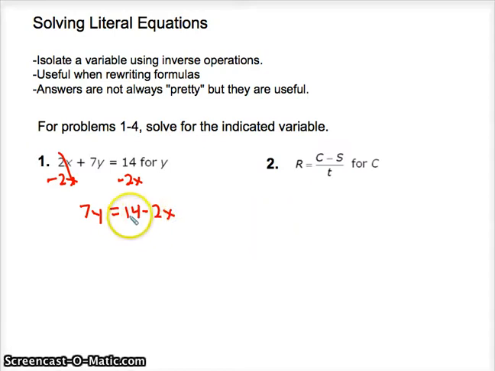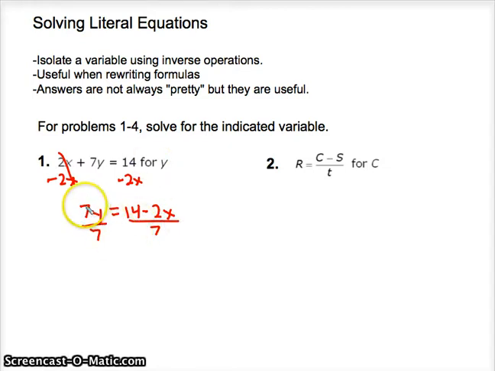I can't subtract 14 and 2x because they are not like terms. So I just leave it as 14 minus 2x. Now, my next step, still trying to get y all by itself, I need to undo this multiplication, so I divide both sides by 7.